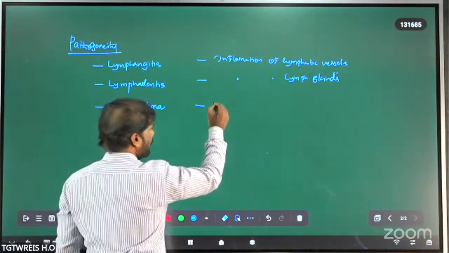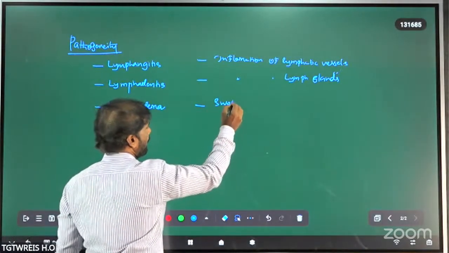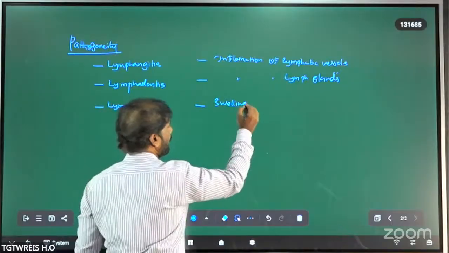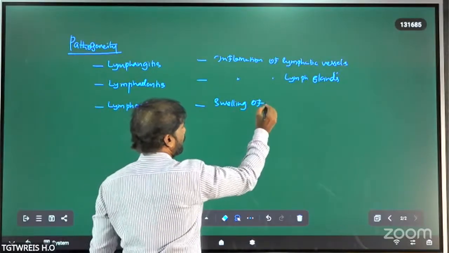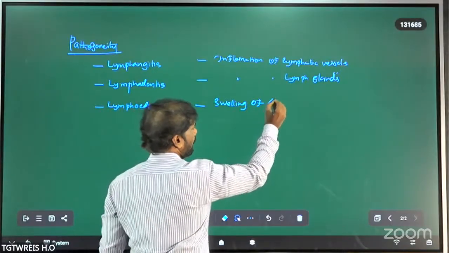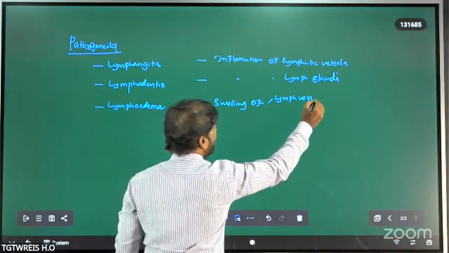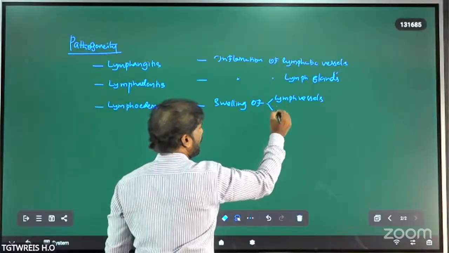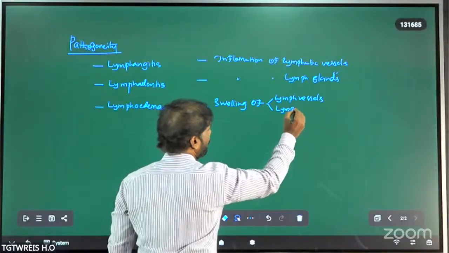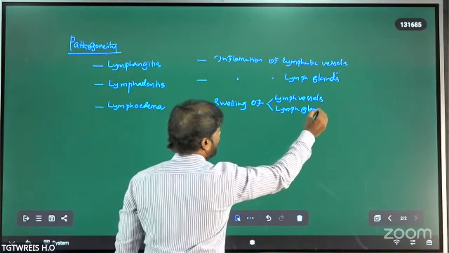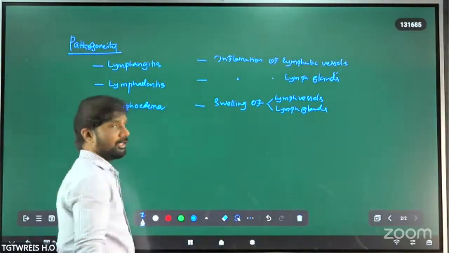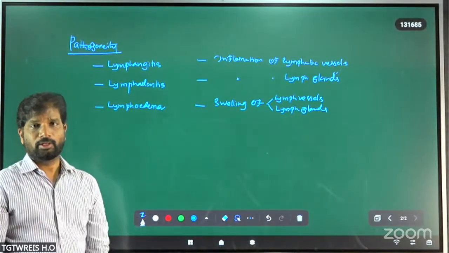Lymphoedema means swelling. Swelling of the lymph vessels, as well as the lymph glands, is known as lymphoedema.